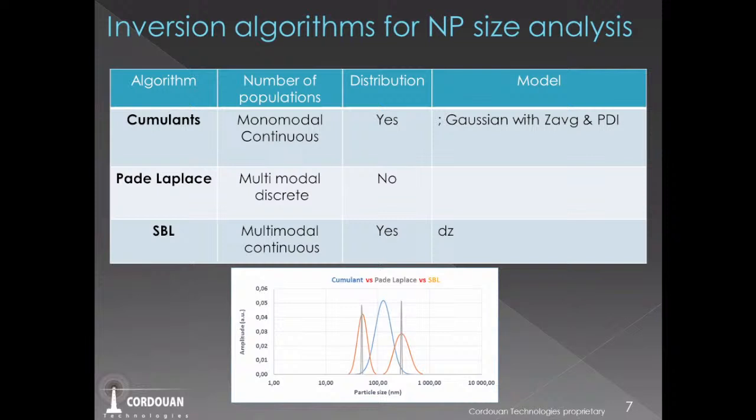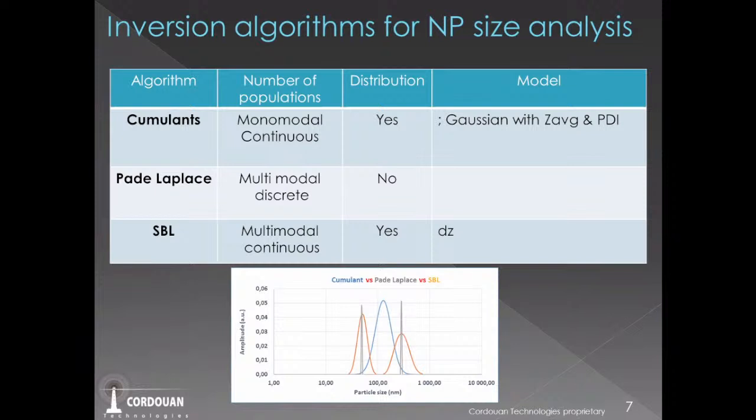Just to give you an example, here we have a mix of 30 nanometer and 200 nanometer nanoparticles. Cumulant will give you a big peak in the middle of these two values, because cumulant is not able to see populations. Padé-Laplace will show you two peaks, telling you that you have two main populations in your sample, so you need to take care of that.